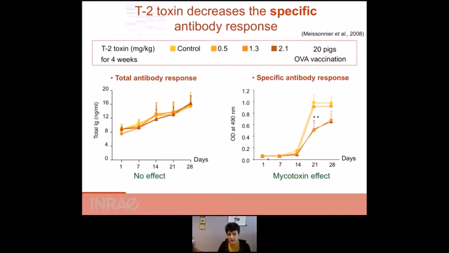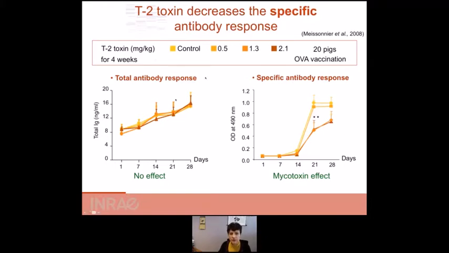Here is an experiment where we used T2 toxin, and the animals received either control food or food contaminated with 0.5, 1.3, or 2.1 microgram per kilogram T2 toxin during the 4 weeks. They were vaccinated with this model vaccine ovalbumin, and we looked at the antibody response.